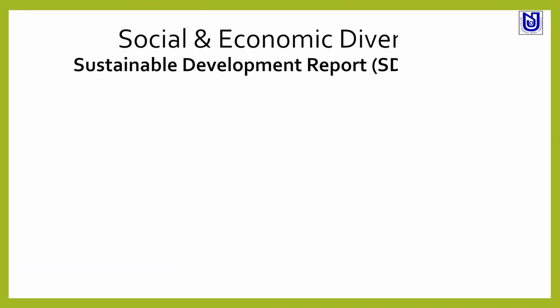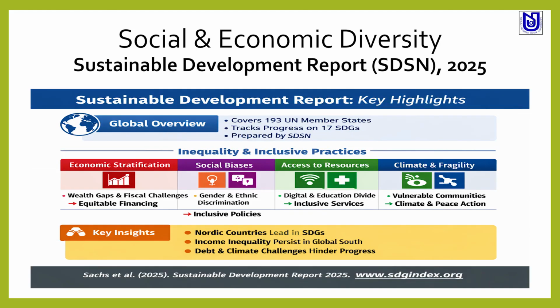Now come to social and economic diversity, and for that we have to make a brief review of the Sustainable Development Report published in 2024. The report clearly shows that wealth concentration and fiscal gaps remain major barriers to SDGs. Second, gender, ethnic, and disability-based discrimination persist, and there is a need for intersectional policy design under SDG 5 and SDG 4 specifically.